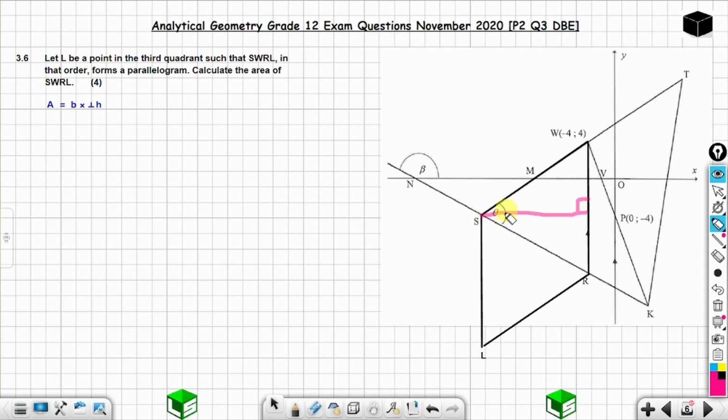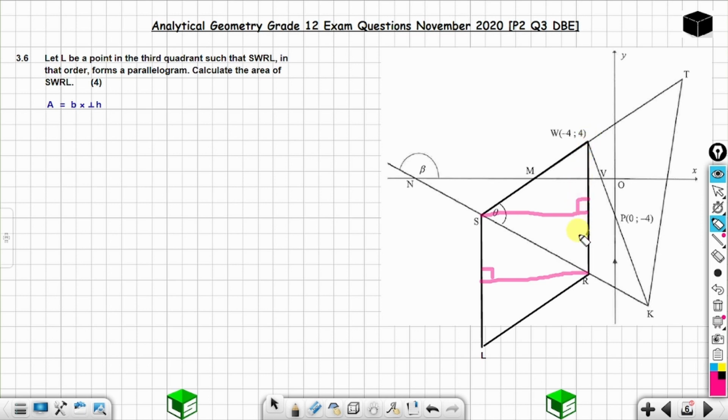If I use this as a base, the perpendicular height is going to be this. So I can use this as a base, and then this is going to be my perpendicular height. Or I can use this as a base, and this is going to be my perpendicular height.